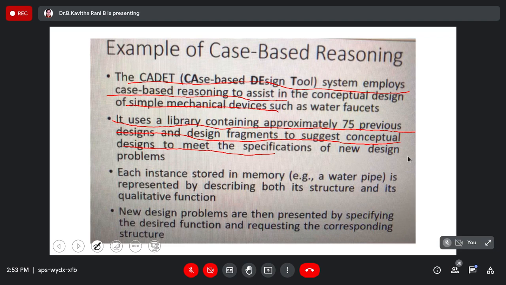This is the problem specification given here in case-based reasoning. You all use two-way taps in bathrooms: if you open one side you get cold water, on the other side hot water, so both at a time. Likewise, this problem has been explained here in case-based reasoning.